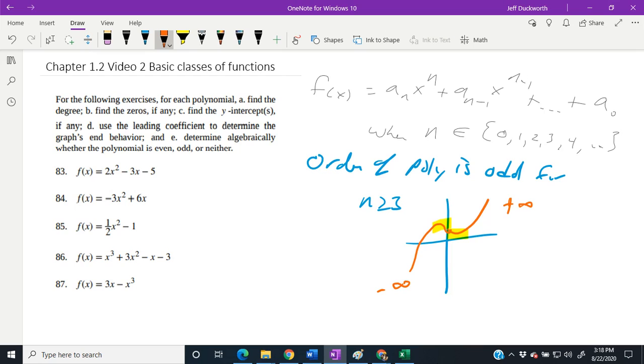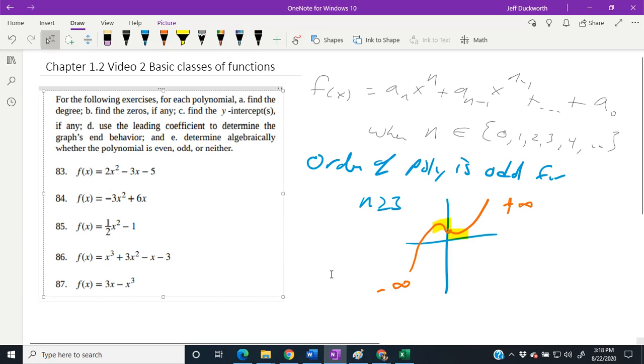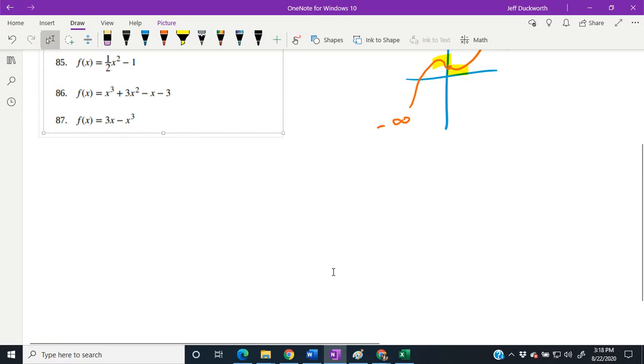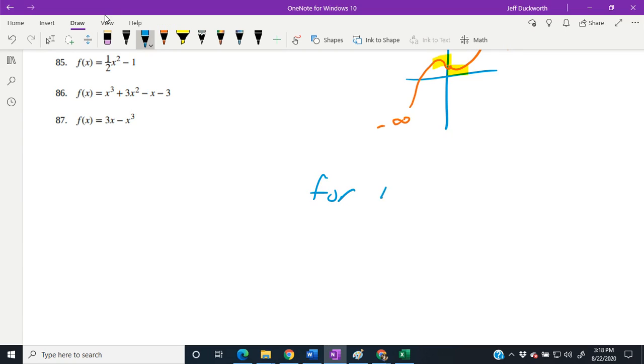Let's see, and if it's even, let me scroll down a little bit. For n even, we're going to look more something like this.